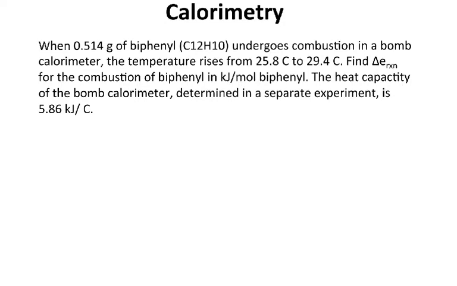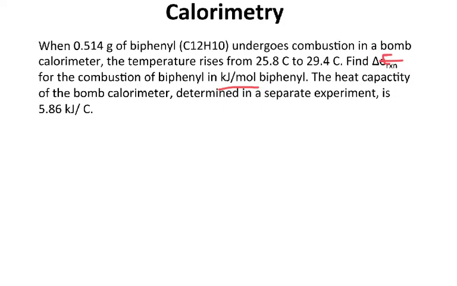When 0.514 grams of biphenyl undergoes combustion in a bomb calorimeter, the temperature rises from 25.8 degrees Celsius to 29.4 degrees Celsius. We want to find the delta E for the combustion of biphenyl, in kilojoules per mole.